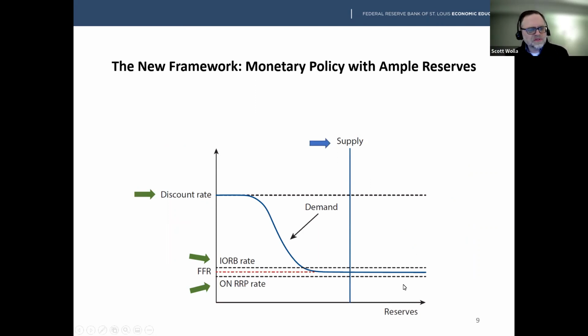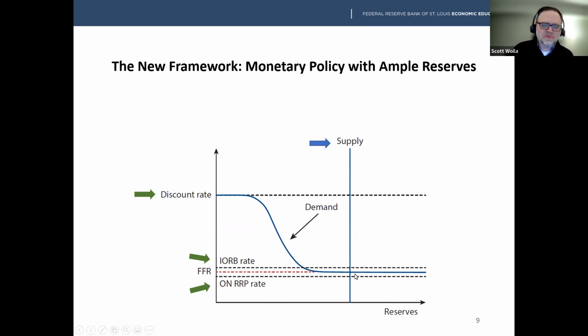Now, this is what the graph looks like. It looks in some ways similar to the other graph, and in some ways different. One of the defining features is that the supply curve, still vertical, is in the flat part of the demand curve, okay? And that's on purpose, right? So when the supply curve is in the downward sloping portion, we call this framework limited reserves.